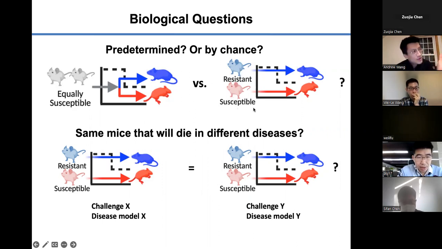And then a very interesting question that stems from this is, if you have resistant and susceptible mice to begin with, would they be the same resistant and susceptible mice in a different challenge? So in the half of mice that would die with LPS, for example, would they be the same half of the mice that would die from another challenge, like starvation, for example?